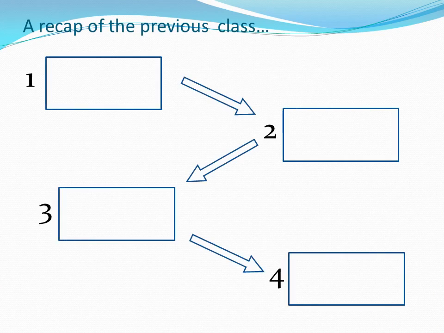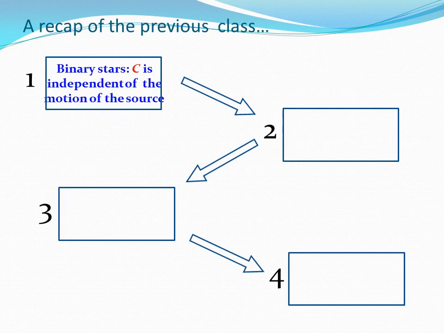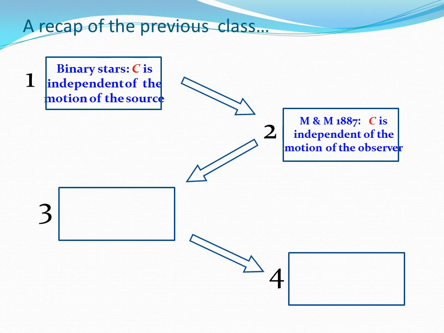A quick recap of the previous class. The evidence from binary star systems shows that c, namely the speed of light, is independent of the motion of the source. In 1887, Michelson and Morley made a famous experiment where they demonstrated that c is always independent of the motion of the observer.